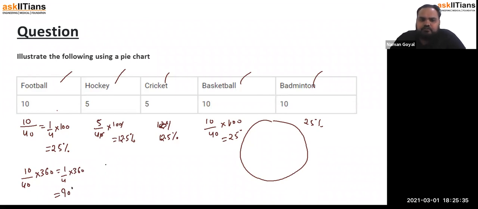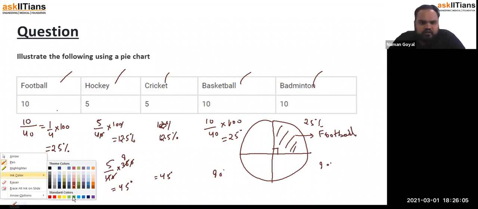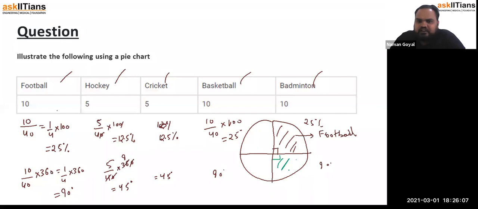And for this one it will be 5 by 40 into 360 degrees, right? So how much is it? 45 degrees. For this one it is 45 degrees, and for the others it is 90 degrees. So first of all we have to draw 90 degrees. This 90 degree part is for football, right? And the next 90 degree angle is for badminton.